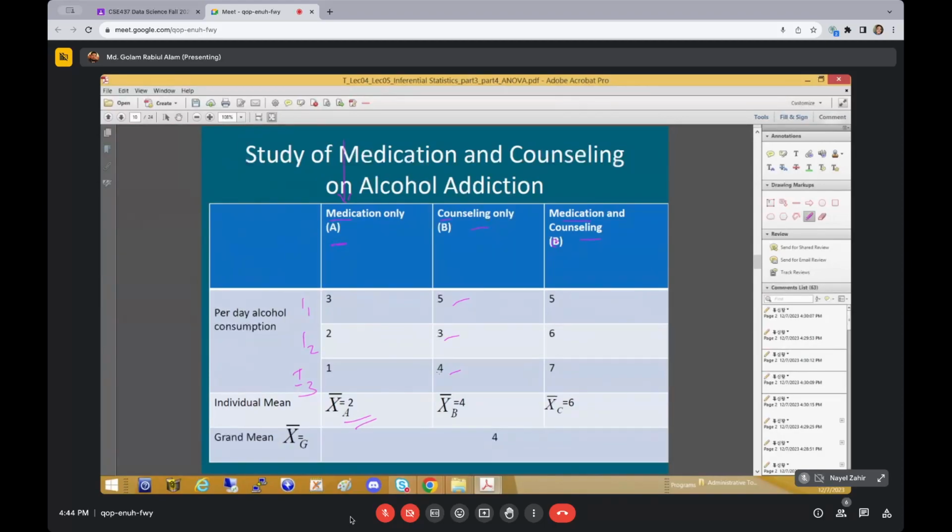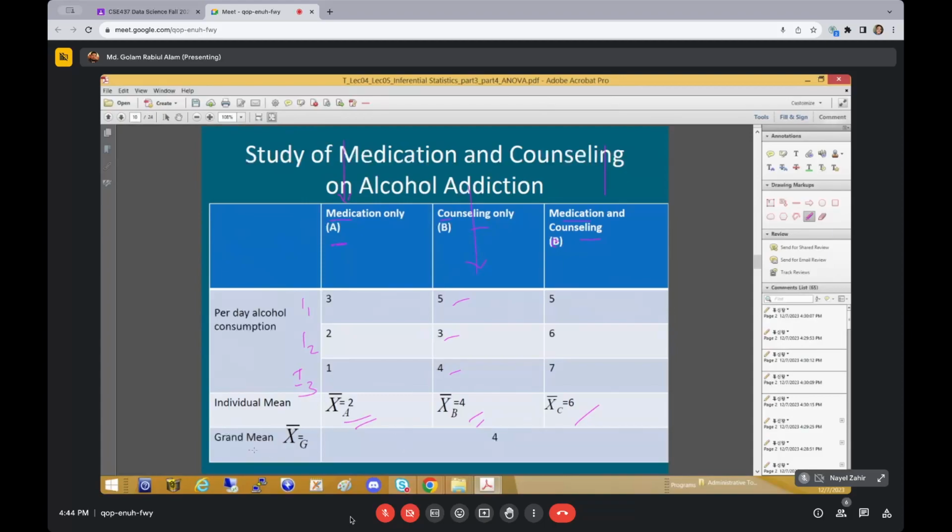And then 5 plus 3 plus 4 divided by 3 is 4 for method B. And for method C, 5 plus 6 plus 7, it is 6. So these are the means, okay? Mean value for treatment group A, mean value for treatment group B, and for treatment group C, the mean is 6.